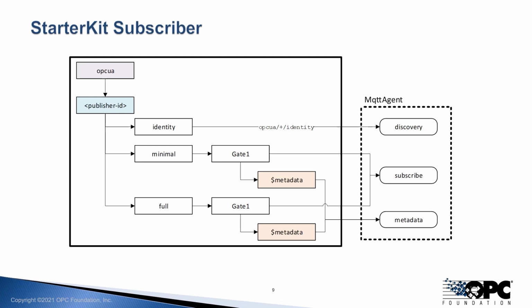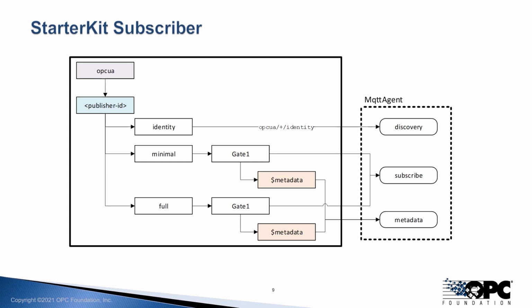So we have the publisher ID. We have sort of a middle tier that controls the details that go into the messages, and then you have a level that describes the object that's being published. The same object is being published in two different topics, and I'll explain why we're doing that in the demos.